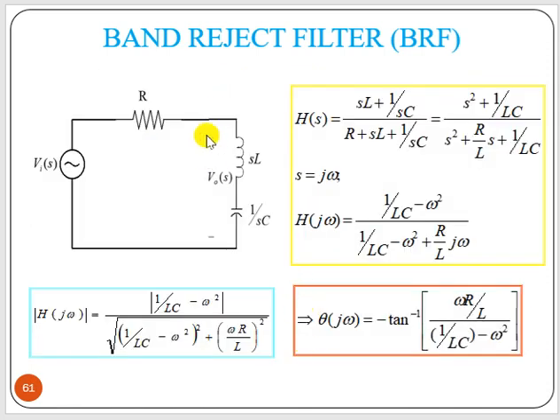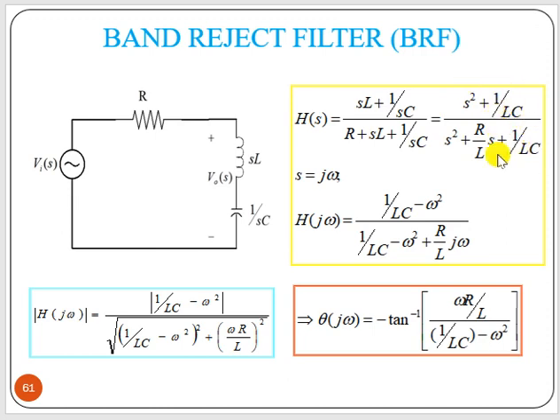Now from here, if we find the transfer function, it will give something like s squared plus 1 by LC in the numerator, over the denominator with sL plus 1 by sC terms. So here we have a quadratic equation in the numerator and a quadratic equation in the denominator, right? And this quadratic s squared plus 1 by LC has roots on the imaginary axis, s equal to plus minus j 1 by root of LC.